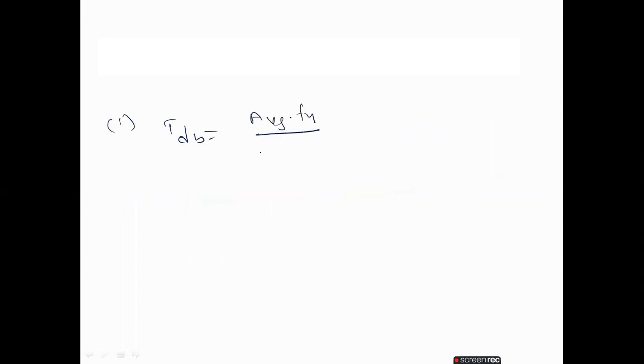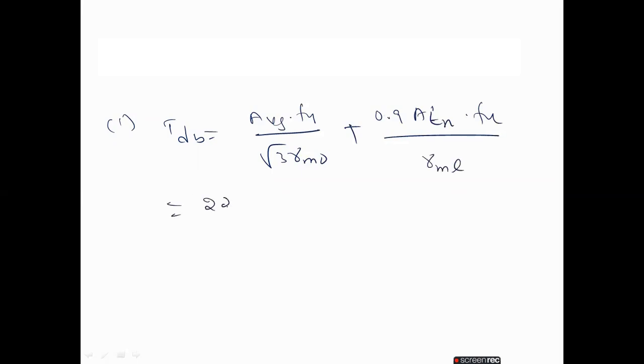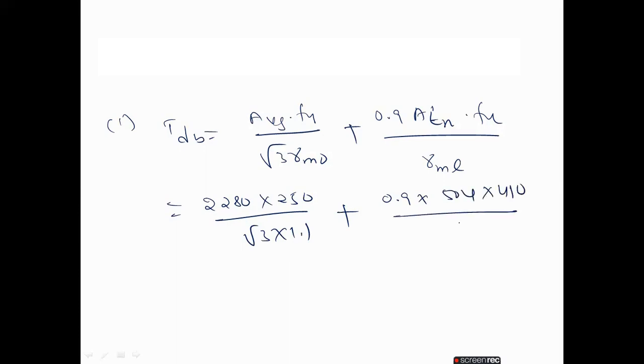AVG into Fy by root 3 gamma m naught plus 0.9 into ATN Fu by gamma m1. So if I substitute the values, 2280 multiplied by 250 by root 3 into 1.1 plus 0.9 into 504 into 410 by 1.25, once you substitute here, we will get the answer as 447.953 kilonewtons.